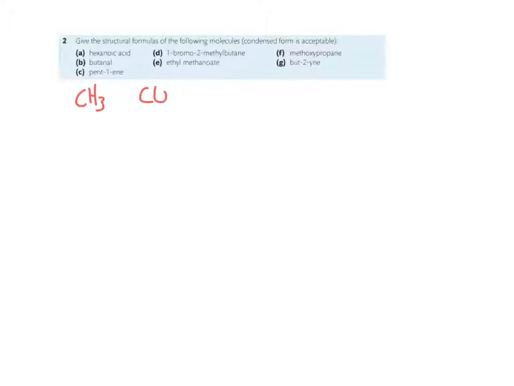Number 2, give the structural formulas of the following molecules. Condensed form is acceptable. So when I think about hexanoic acid, what I have to realize is that hex is 6, so I have a CH3 group, and then I'm going to have a COOH group at the end, and then I'm going to have 4 CH2 groups in the middle when I write that.